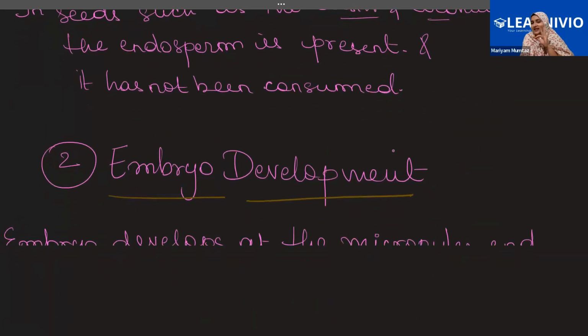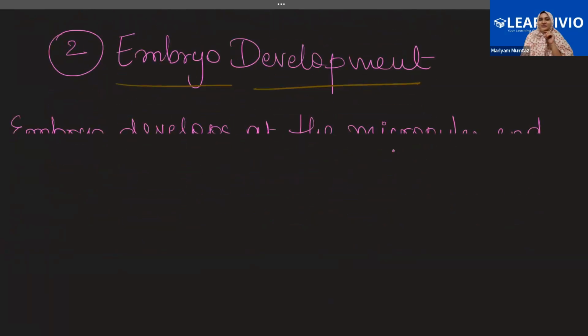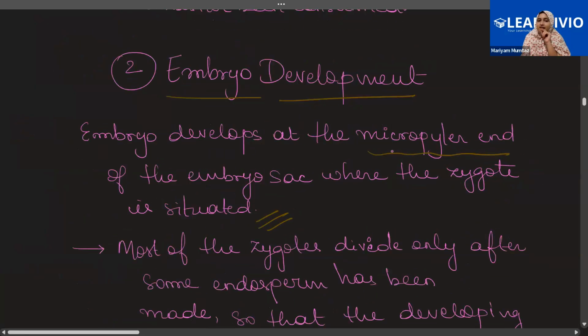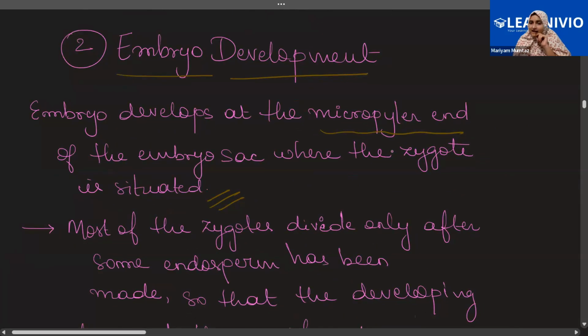We are almost near the end of the chapter. Coming on to embryo development. Now let us see what the embryo does. Embryo development will obviously start at the micropyle end because the zygote is formed there, as the egg cell was present at the micropyle end.